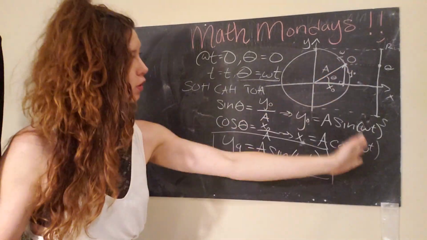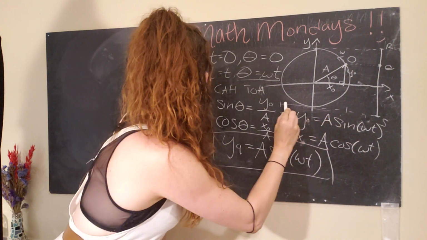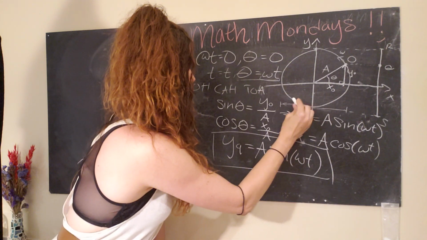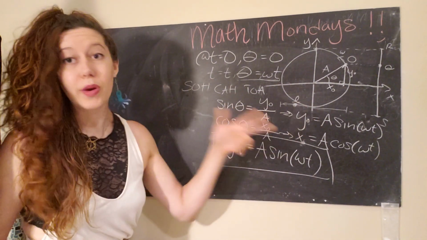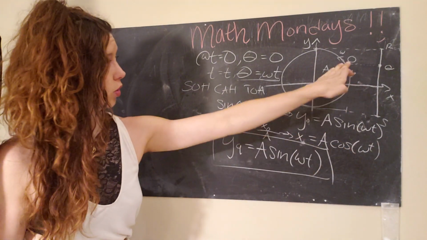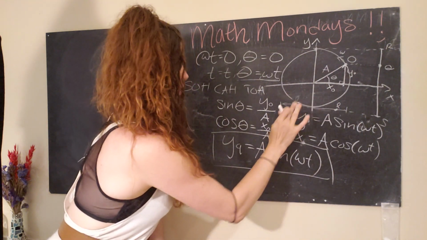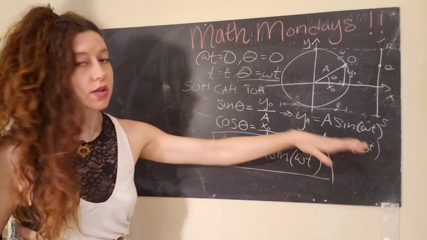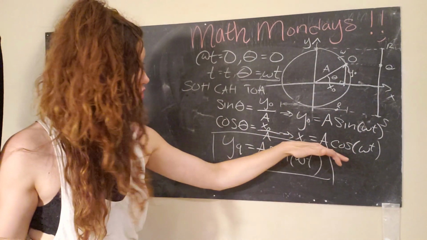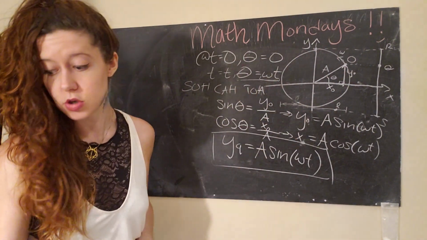If instead of a vertical motion, I had said, oh, well, now I have a particle that is moving in a horizontal motion, maybe I'll call this particle L, then we would just say that the x coordinate of L for any given time is just equal to the x coordinate of our object that's moving in a circle.